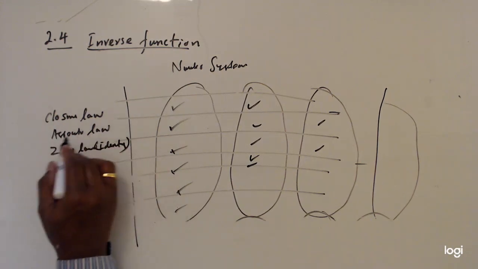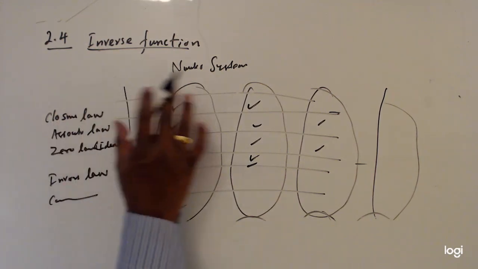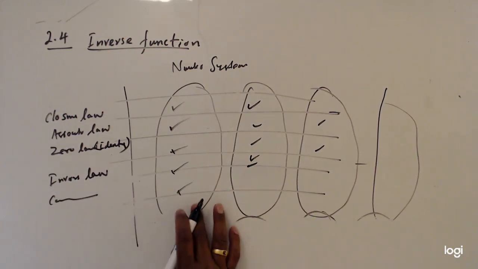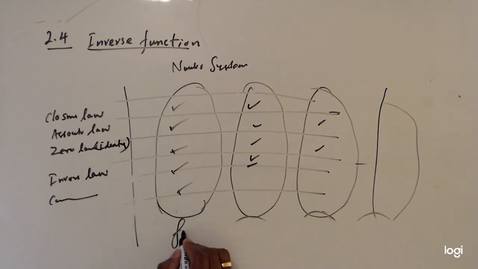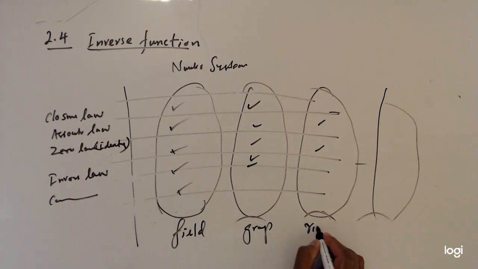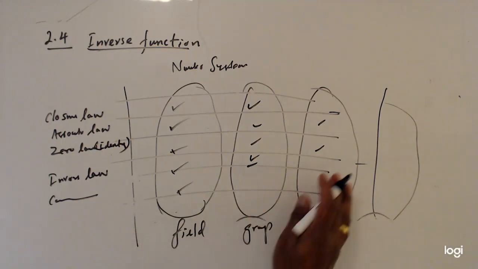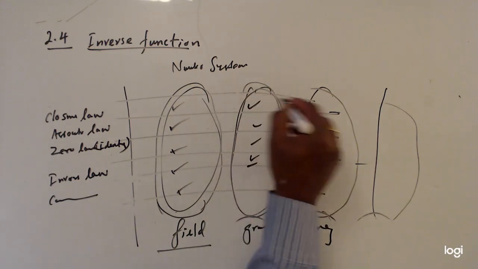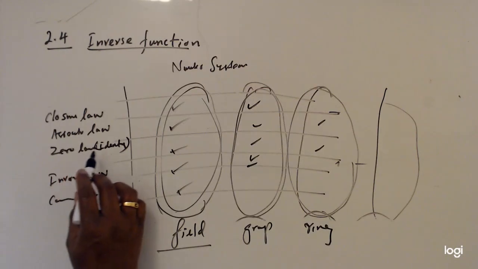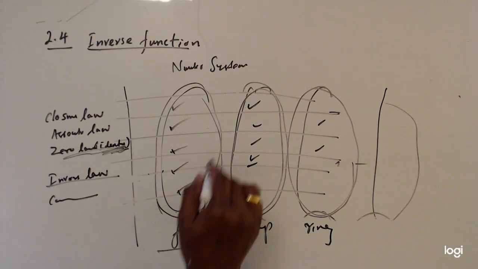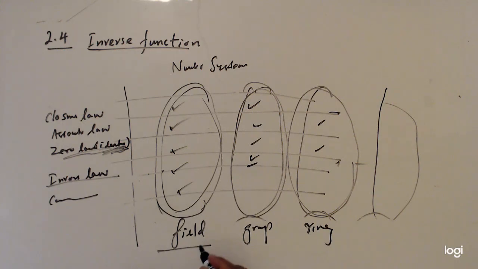Likewise, power mirror, power shutter. So if a number system has those options, we will categorize everything as a field, then group, ring, subring, something like that. So we can categorize these number systems. The identity, zero law or identity, and the inverse are a part of this. So we can assess a number system.